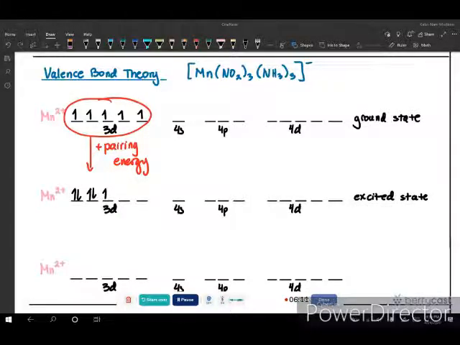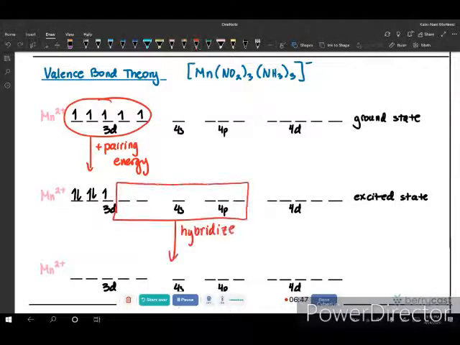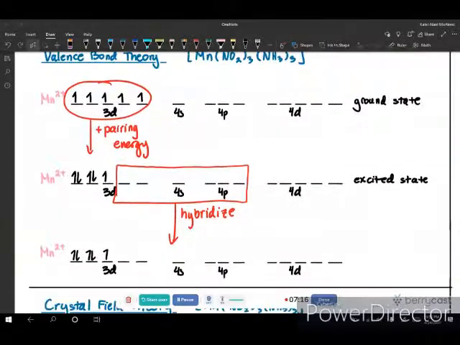Now we need to hybridize unfilled orbitals after the last filled 3d orbital to bond the ligands. Because we have 6 ligands, I will be hybridizing 6 orbitals. So now we're going to correctly label this instead of d4sp.